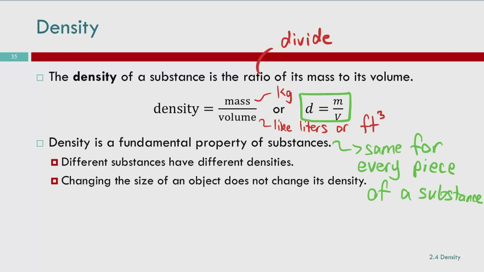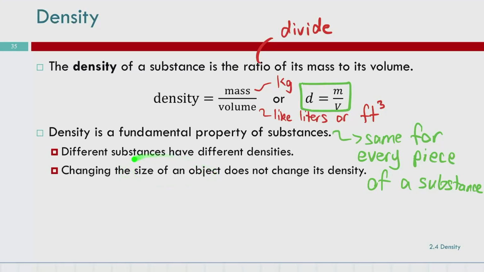Those will have the exact same density. They're the same substance. It doesn't matter where they came from. As long as chemically they're the same thing and they're in the same state, they will have the exact same density. You can often identify substances based on their density, and we'll be doing some of that in our class next week.